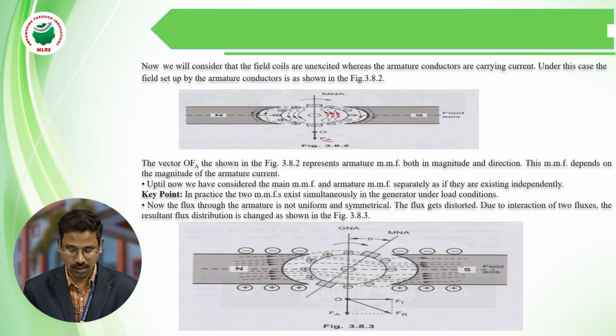Due to that, the magnetic flux gets distorted and the brushes are shifted to the right hand side, which is the generator rotating direction, whereas the opposite is called the motor rotating direction.